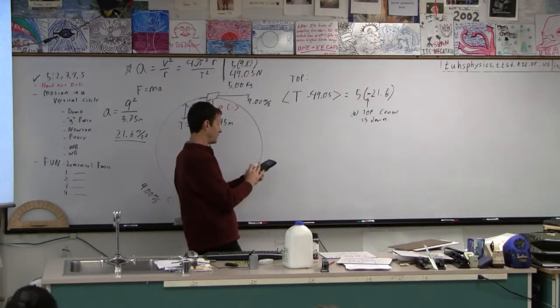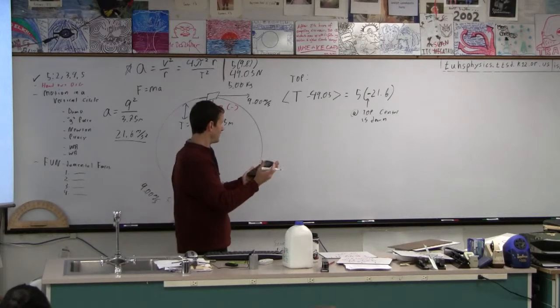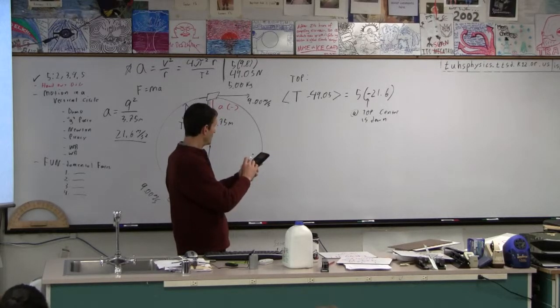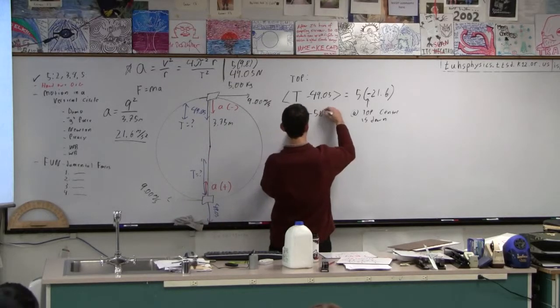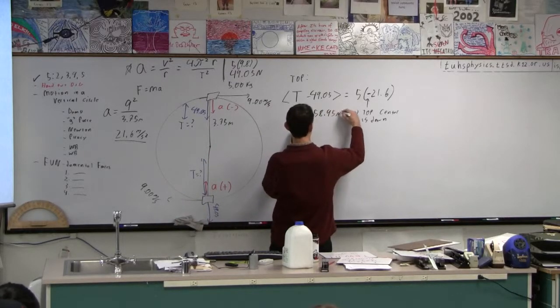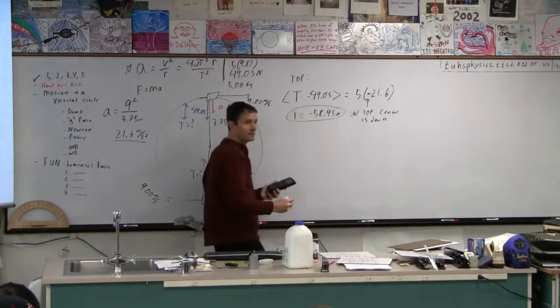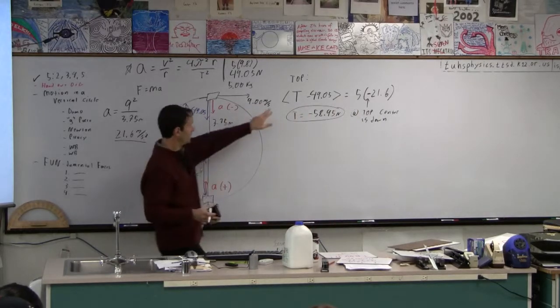T should be a negative number. It's kind of weird to solve it. I should really just call it F. Right? So let's go 5 times negative 21.6 plus 49.05. And we get that the tension is negative 58.95 newtons. Yeah? So again, the two forces are an unknown force.